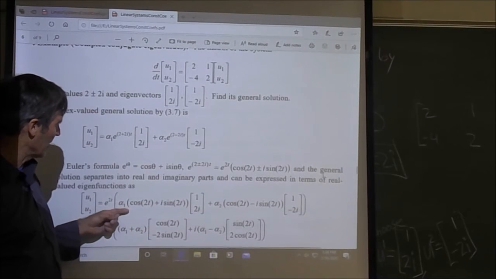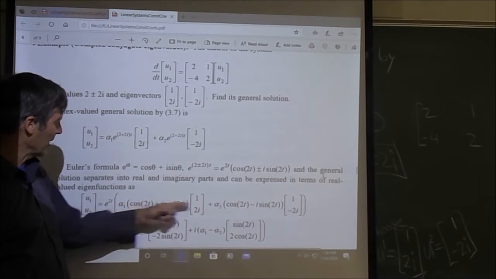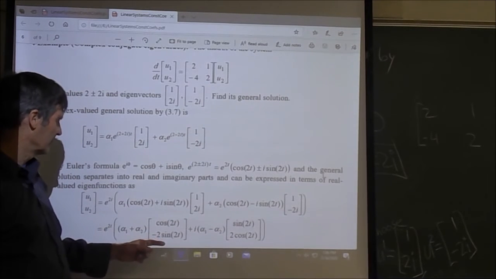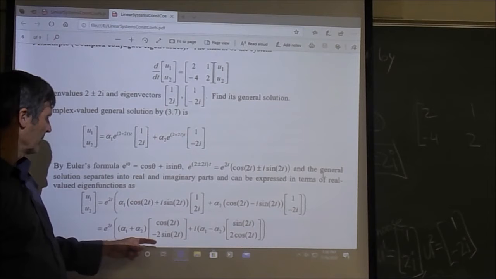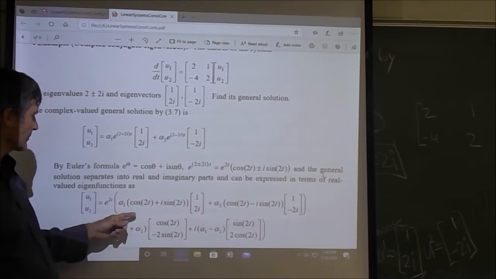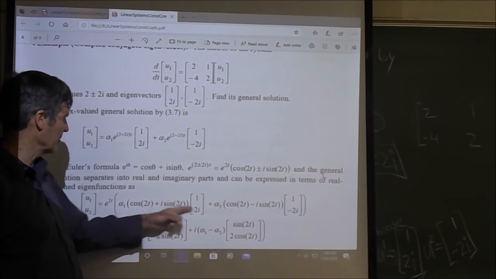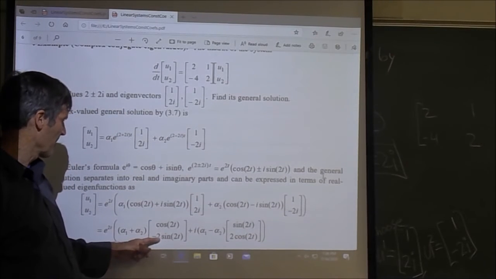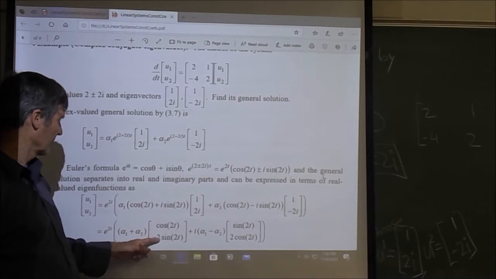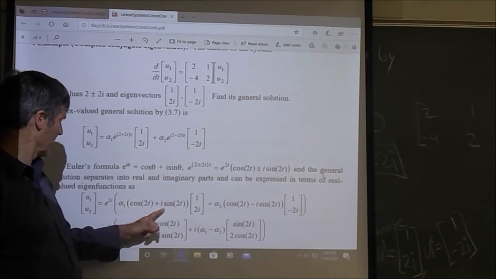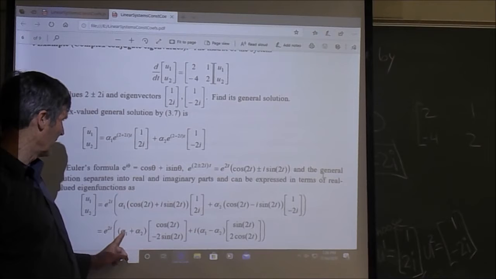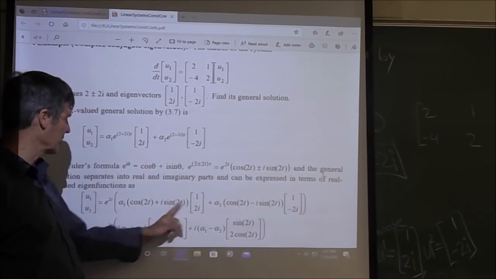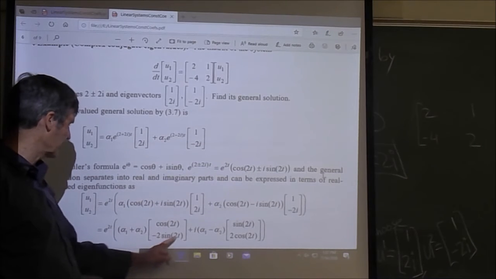Similarly, for the second component, now cosine times 2i becomes imaginary, so you get one of the cosines here. And then i sine times minus 2i becomes 2 sine. So I've got alpha 1, i times i is minus 1, times 2 is minus 2 sine, all times alpha 1, so there's minus 2 sine alpha 1.